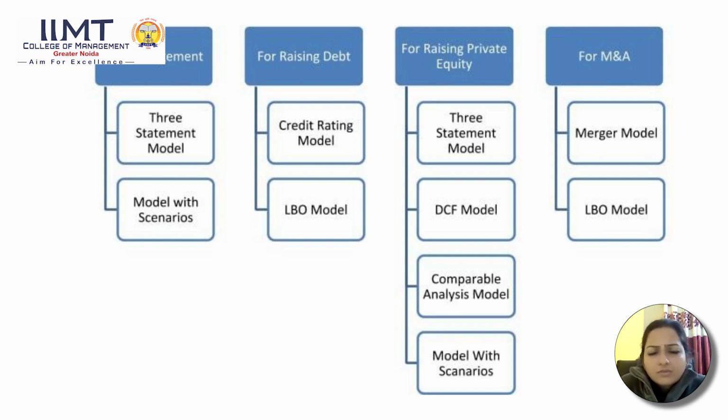So there are various types of decisions a management has to take. For all this decision making, management uses certain financial models. For management purposes, the three statement model and model with scenario will be used.